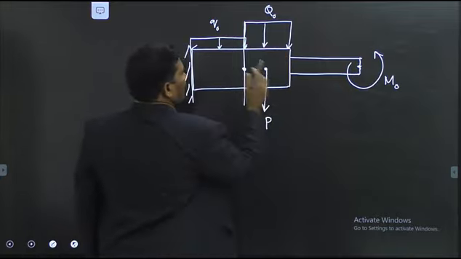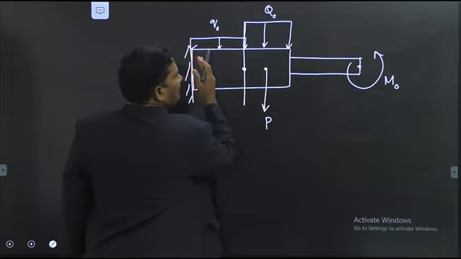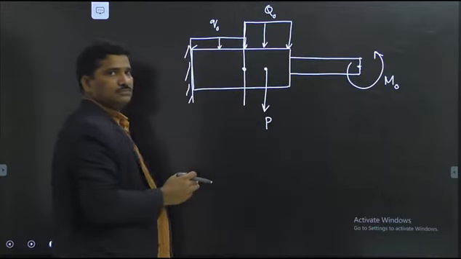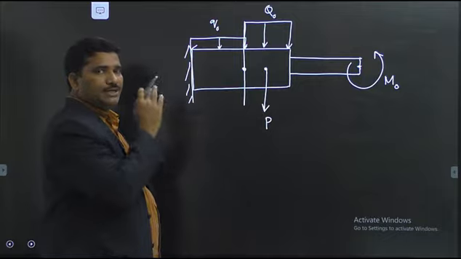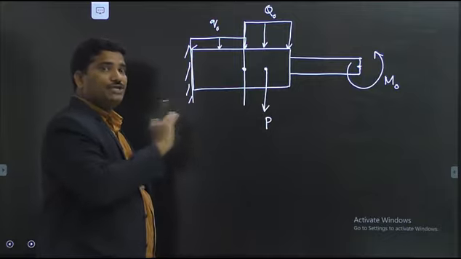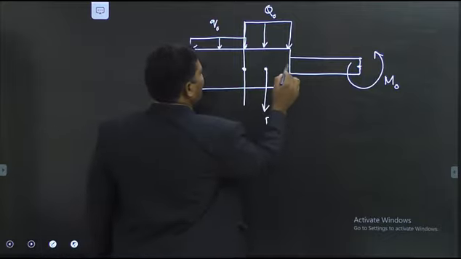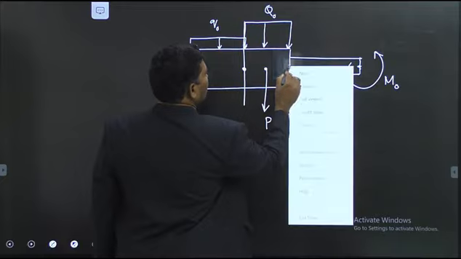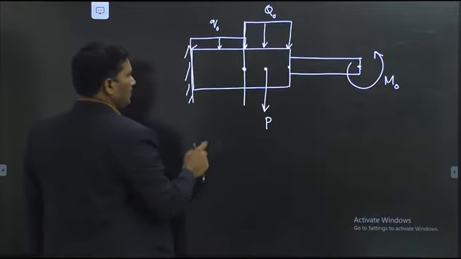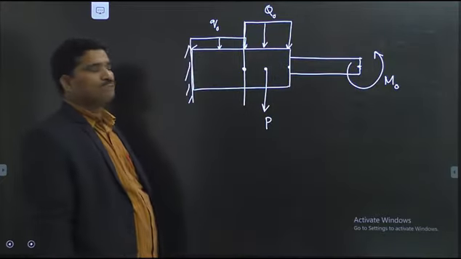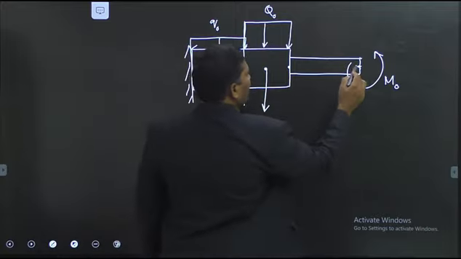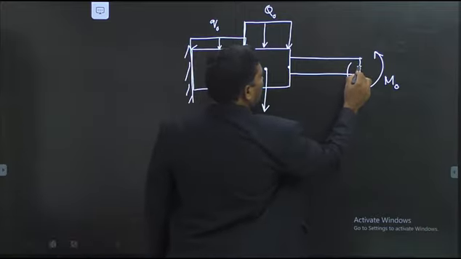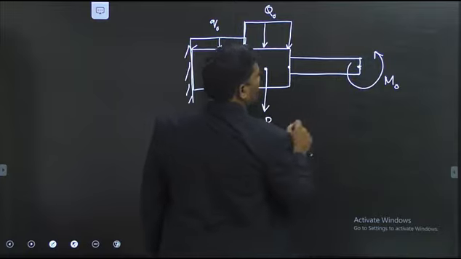At this section, the cross-sectional area is abruptly changing. Therefore, you can consider a node here. Right? Now, the couple is acting about an axis through this point. Therefore, you can take a node here.